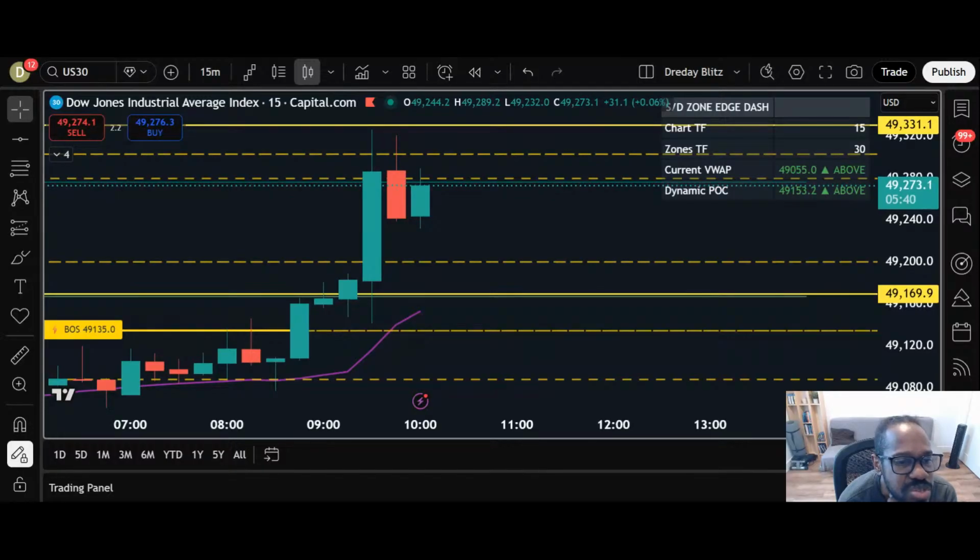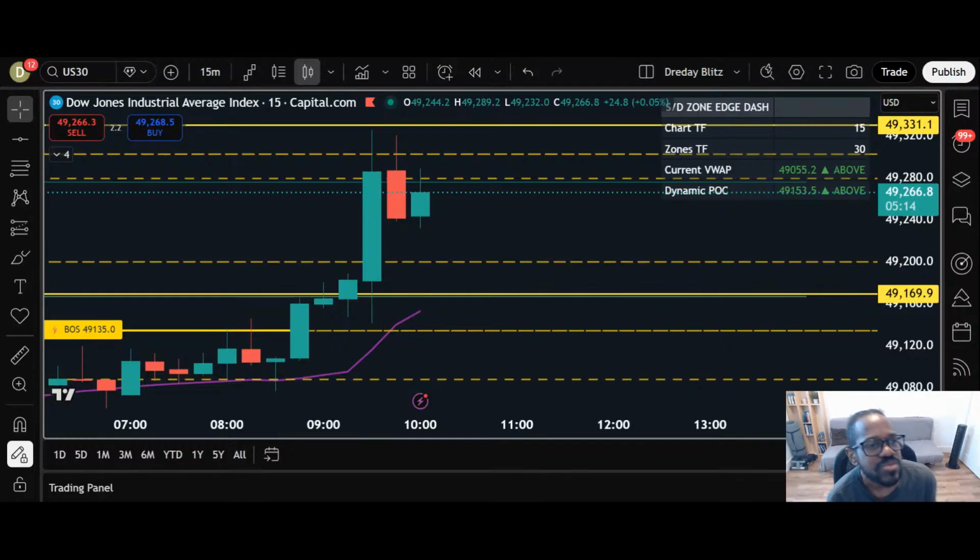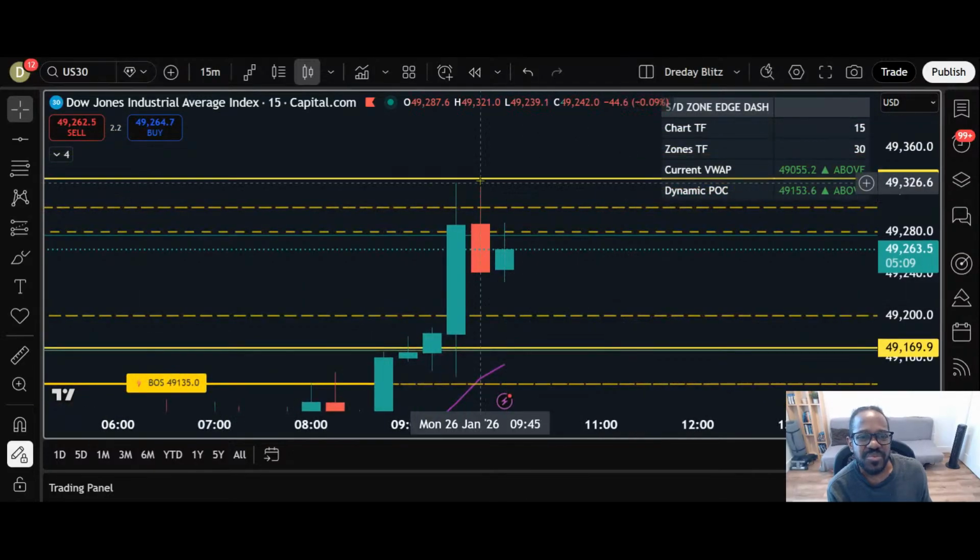It went and grabbed liquidity twice here at the top. And you could calculate the amount of bullish candles that we had here before that stall here at the top. So we need to grab liquidity at the bottom because at that level we had a lot of sellers here.